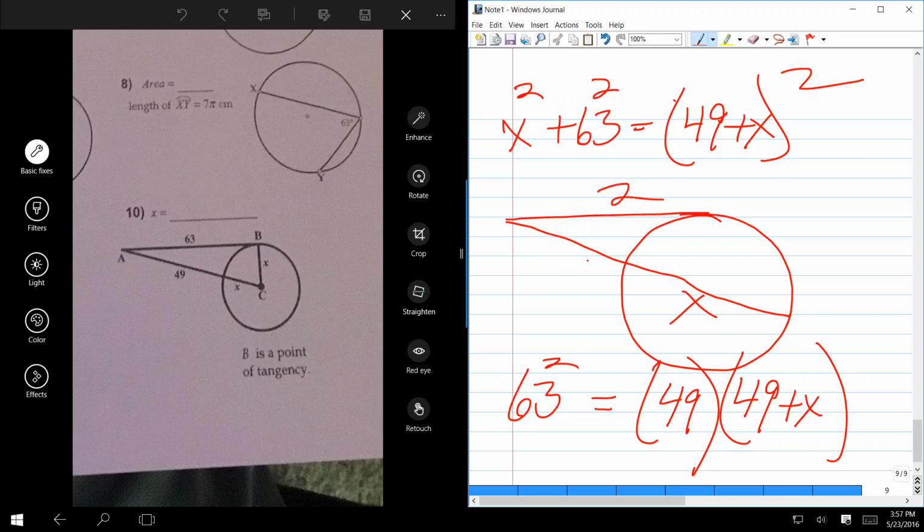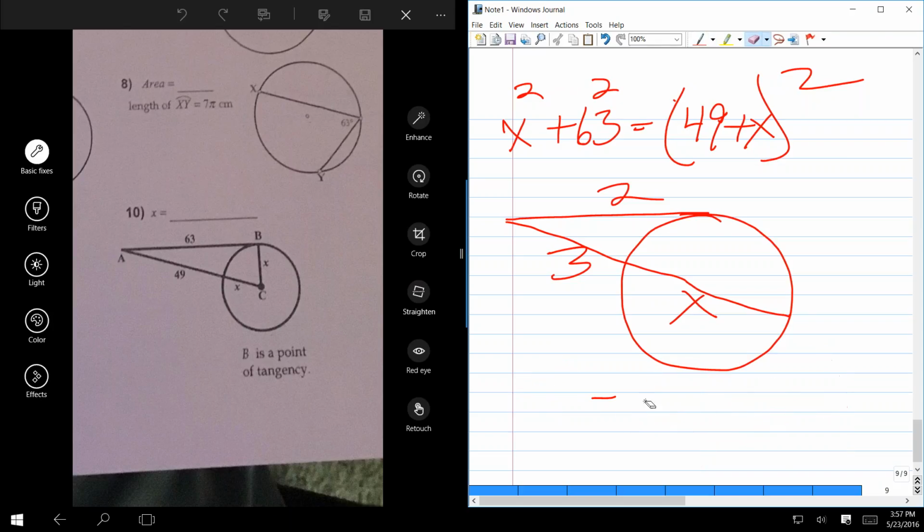If that's 2 and that's 3, then what we have, and everybody has trouble with this, so it's 2 squared, the tangent line squared, equals the part that's outside the circle times the entire length of the secant line.